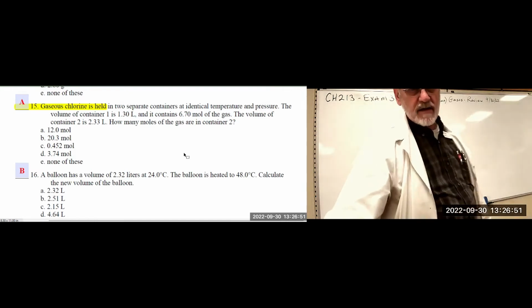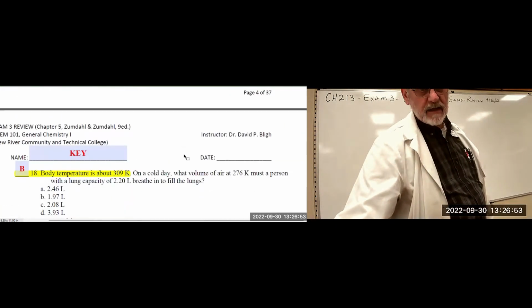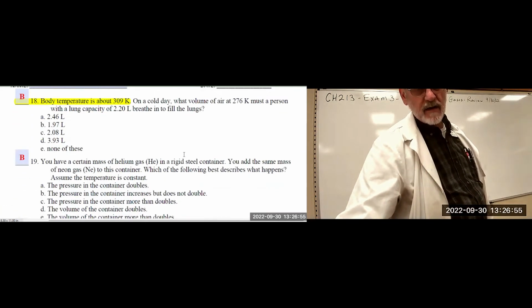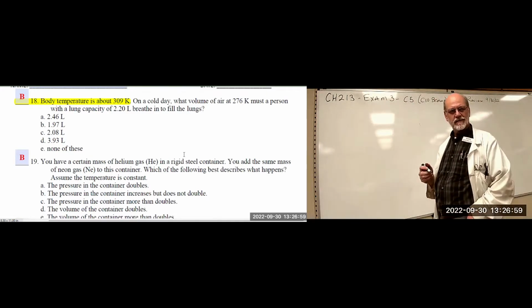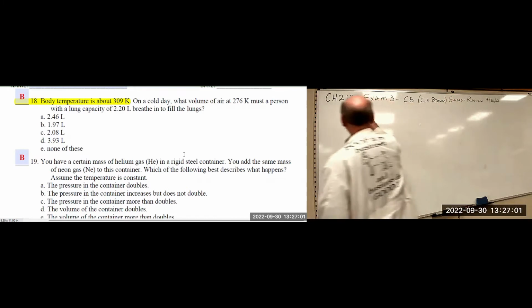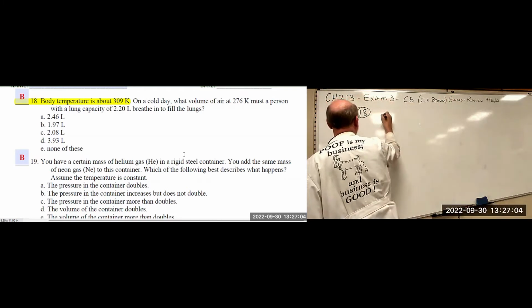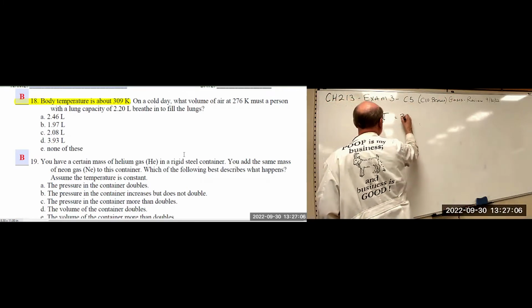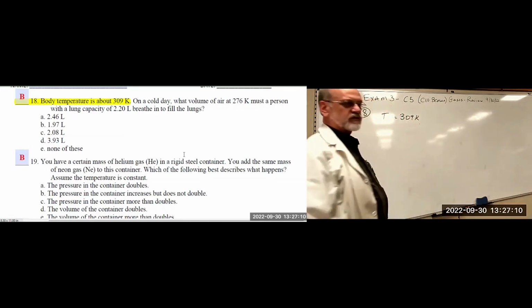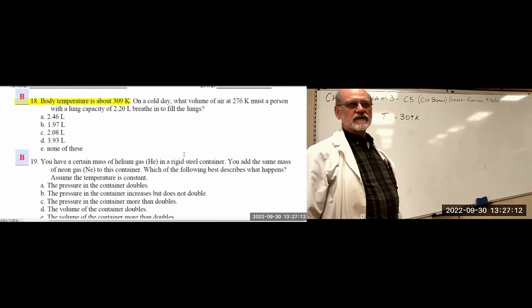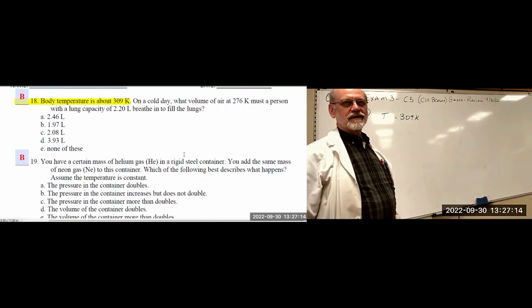Okay. 15, 18. Body temperature is about 309 K. Is that reasonable? What's normal body temperature in Celsius?